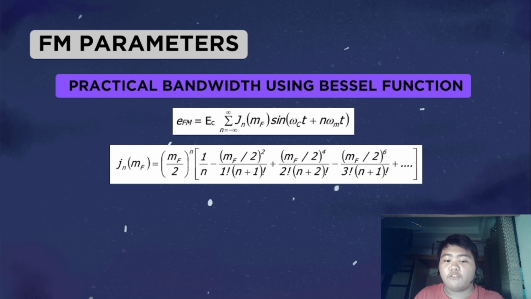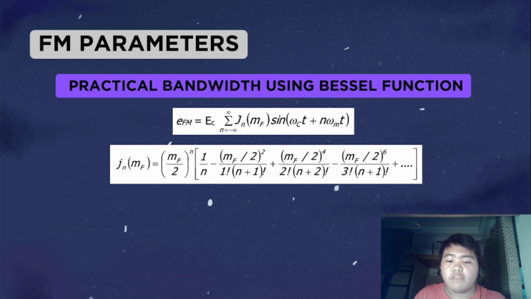And lastly, the fourth requirement when it comes to FM bandwidth is the practical bandwidth using the Bessel function. The Bessel function determines the magnitudes and signs of the frequency components in the FM spectrum. Hence, the sidebands are governed by the given function according to the order and the modulation index. As the modulation index increases, each sideband pair follows its own path of increasing and decreasing strength.